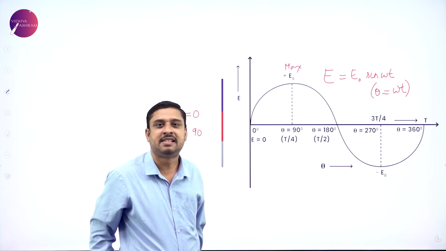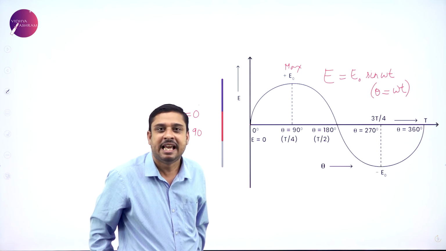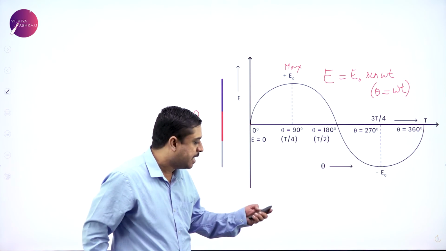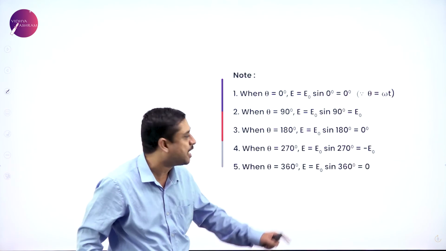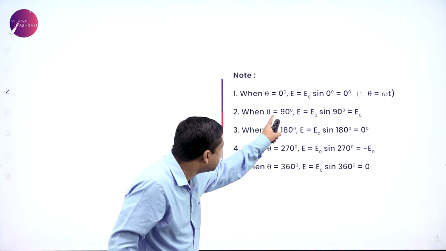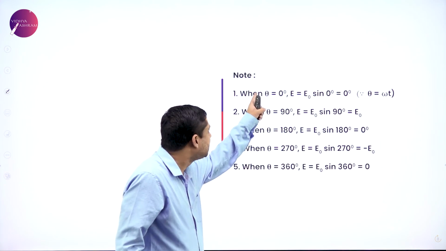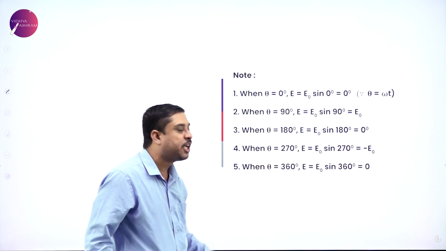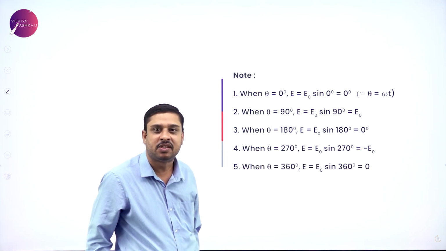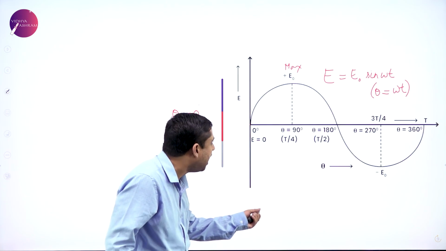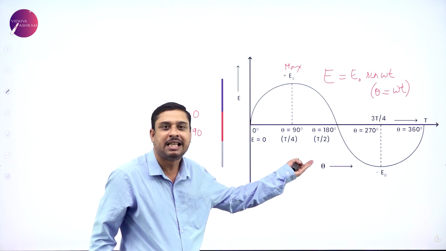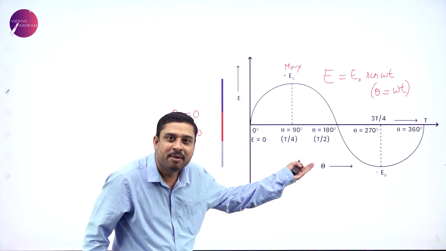So very clearly we say the induced EMF has to be sinusoidal in nature. Therefore, for these respective angular displacements, I have marked EMF, which clearly shows that the induced EMF is sinusoidal.